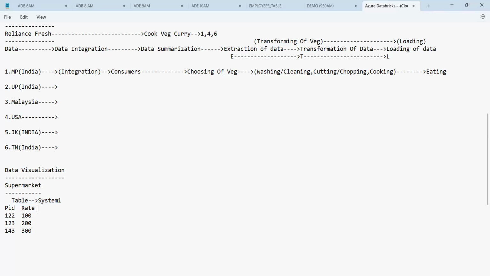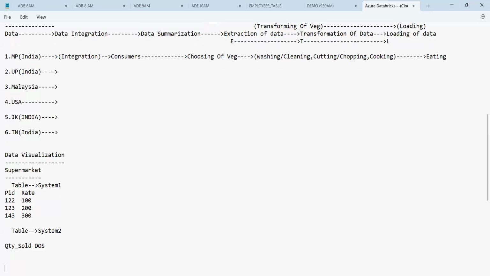Whereas the next table is available in system two. What information do you have in it? There is the product number, quantity sold, and date of sales. DOS is nothing but date of sales.